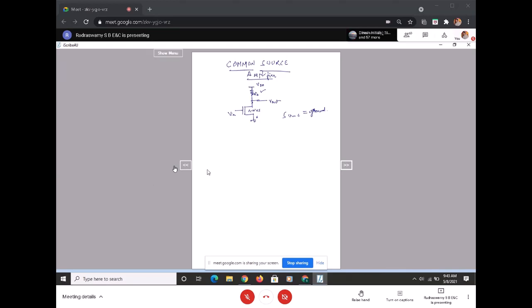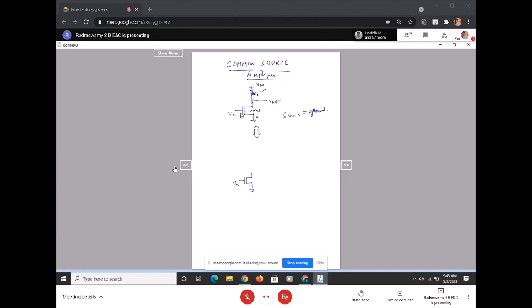Now we'll try to replace the resistance which is sitting on top of NMOS with the active device. This is the equivalent I'll write in terms of the active device. Again we have an NMOS which is sitting at the bottom. There won't be any change. Source is grounded.